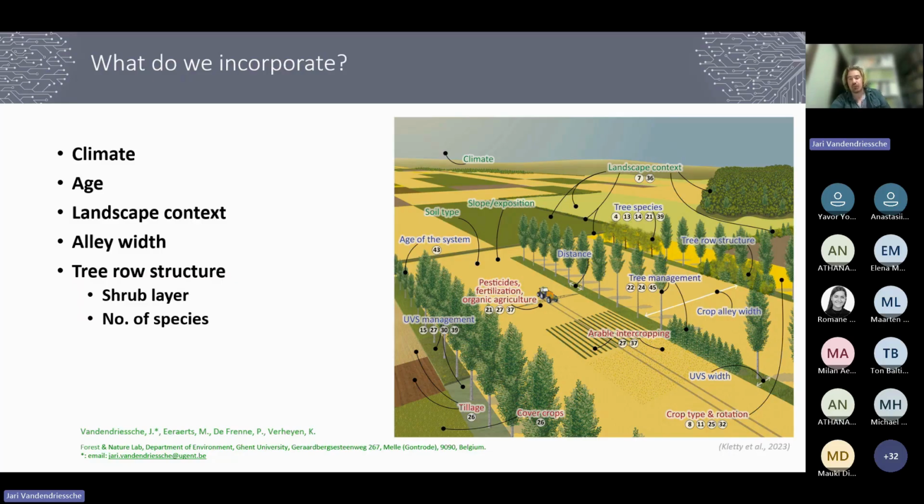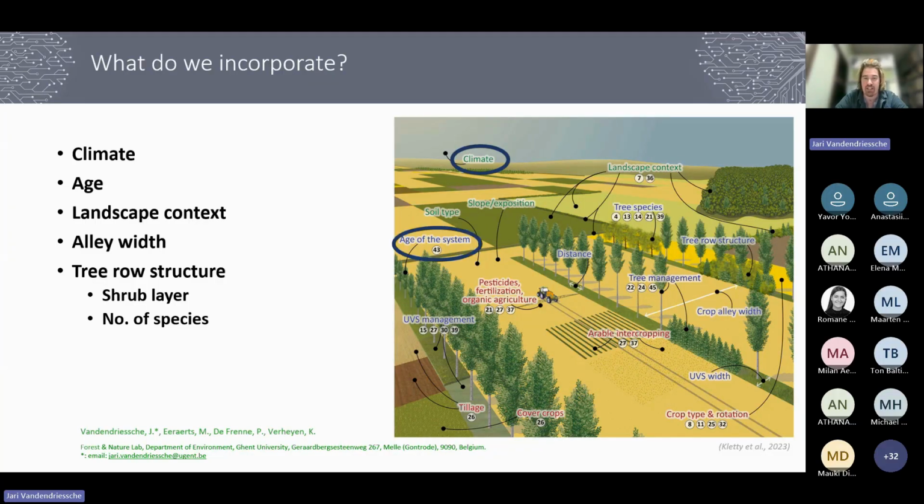Now, if we refer back to the figure of Florian Cléty, what effects of what implementation design environmental factors for agroforestry implementation did we incorporate? Well, first we integrated climate.